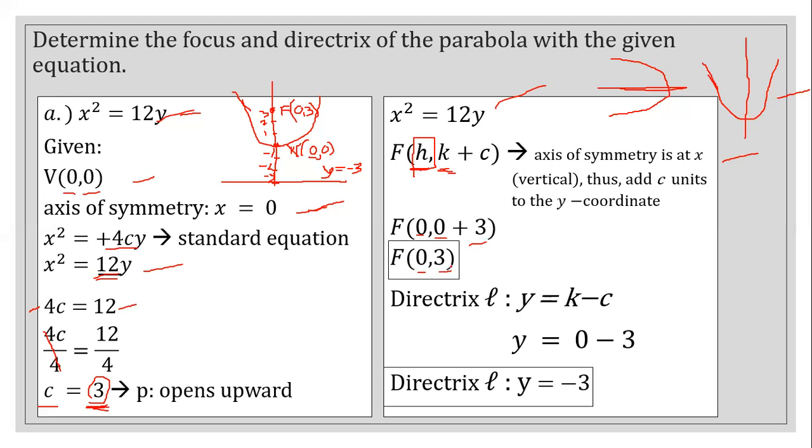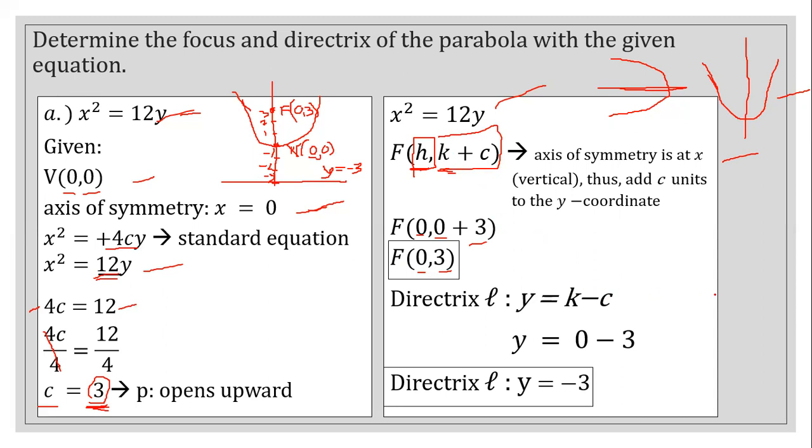While the directrix is the opposite of the focus from the vertex. Earlier we did k plus c, so now we subtract c from k: k minus c.